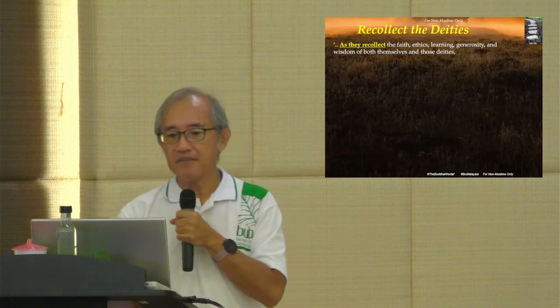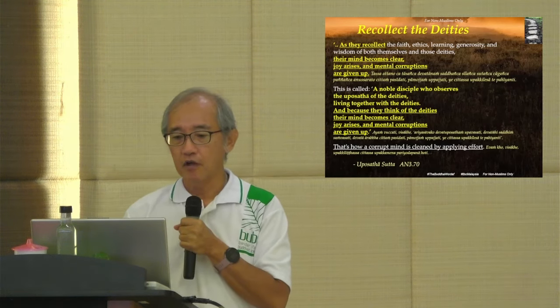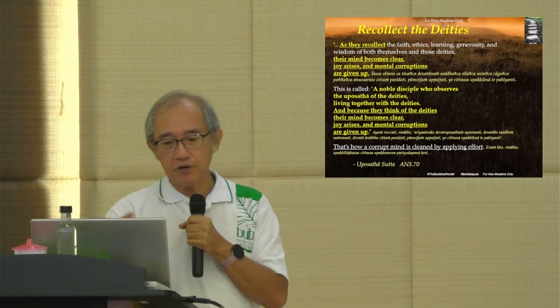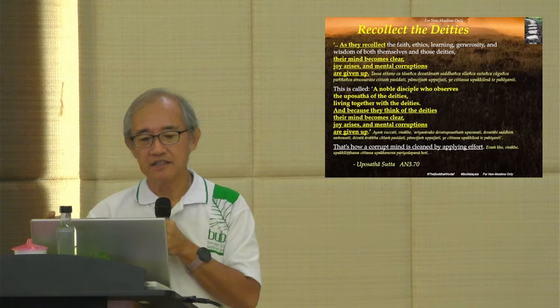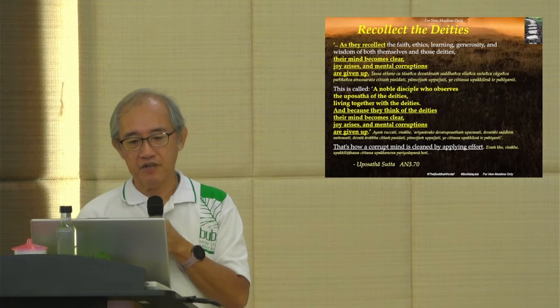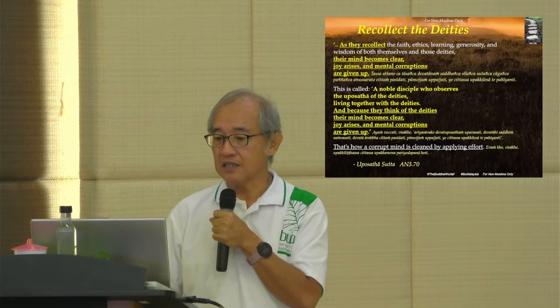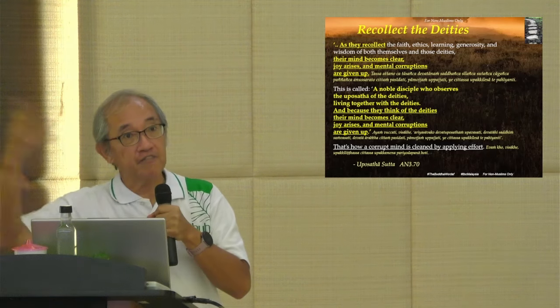As you recollect the faith, ethics, learning, generosity, and wisdom of both yourself and those deities, when you reflect upon it, the mind of the practitioner becomes clear. Joy arises. The mental corruptions are given up. And this is called a disciple who observes the Uposatha of the deities, living together with the deities, behaving like them.